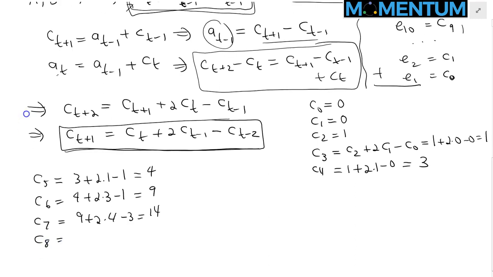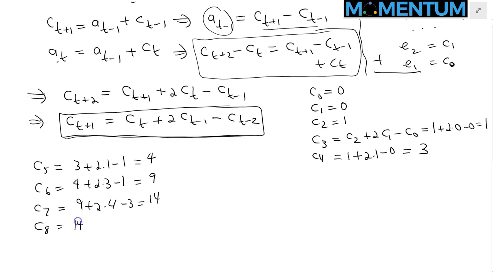C8 is 14 plus 2 times 9 minus 4. So we have 18, 32, 28. C9 is 28 plus 2 times 14 minus 9, which is 28 minus 9 is 19, 47.